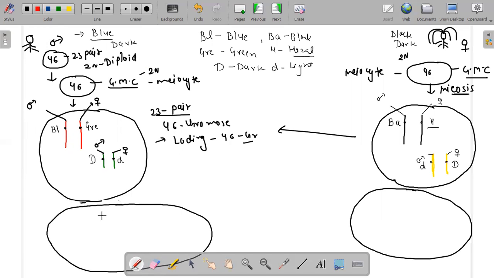Okay, now the chromosomes are double here. You studied this in the meiosis process. The chromosomes will get doubled.